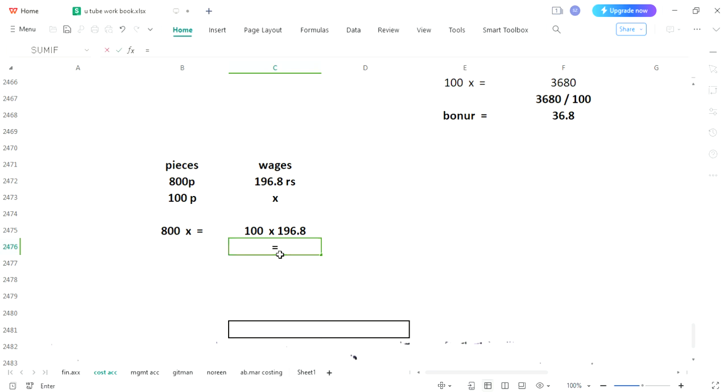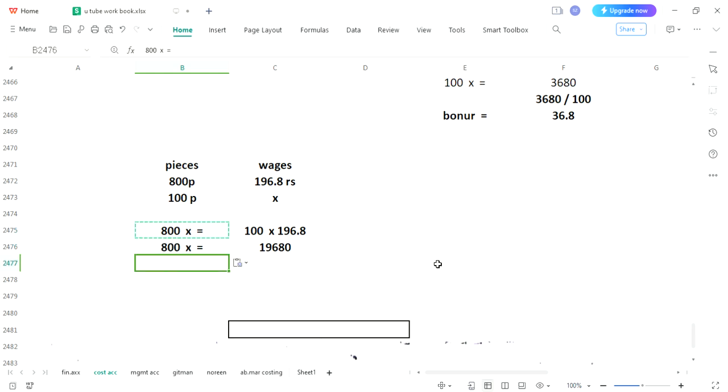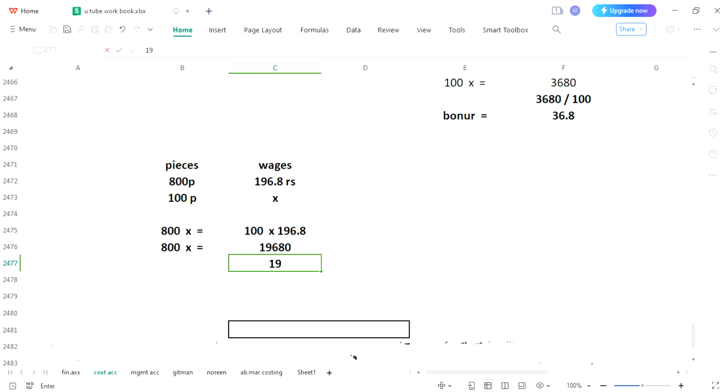Okay, so here we will complete our calculation. 100 would be multiplied with 196.8. We have got the right side completed, and the left side is 800 as it is. Next step: 19680 is already present here, and we want to take this 800 to the opposite side.